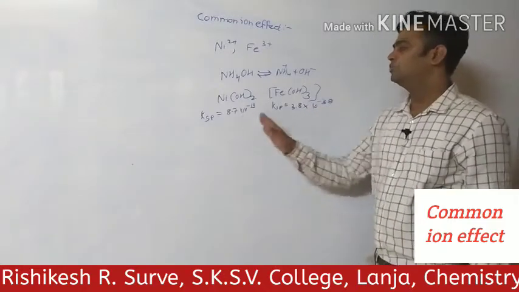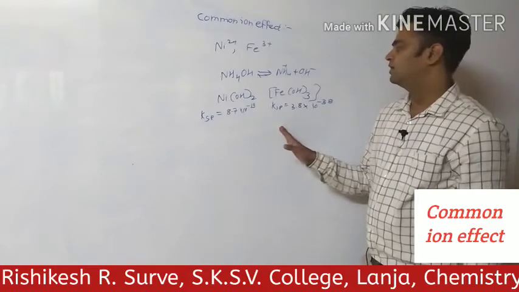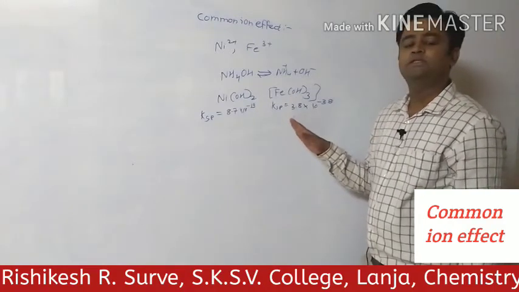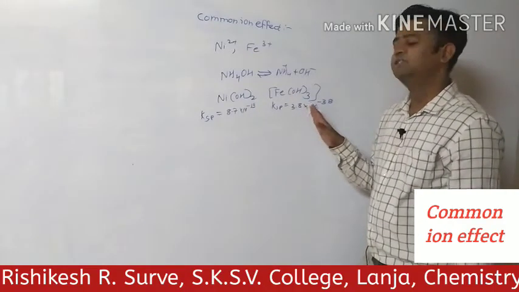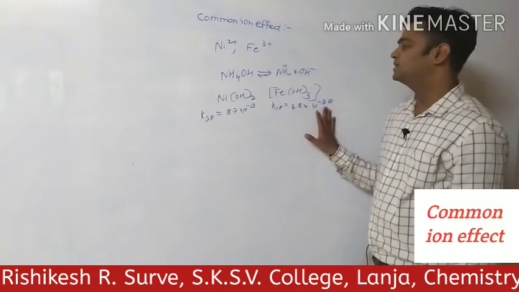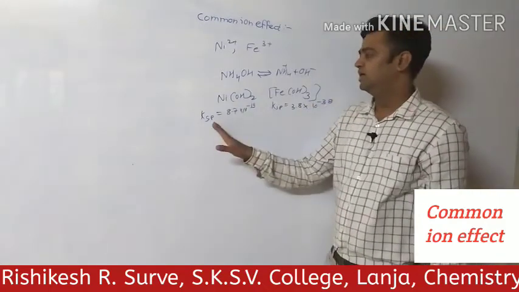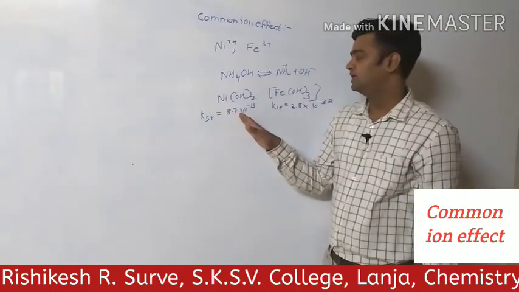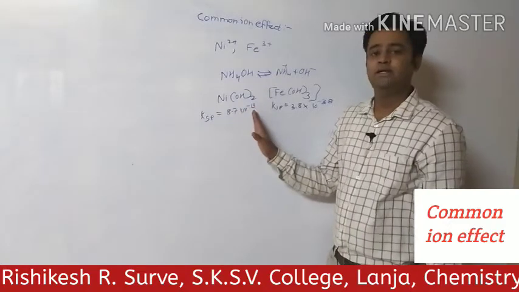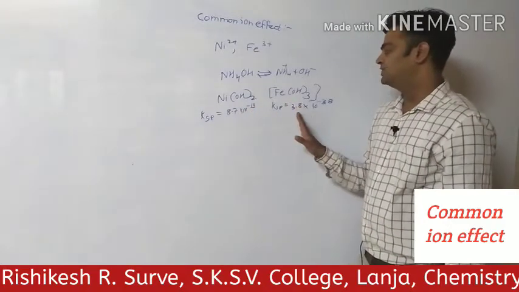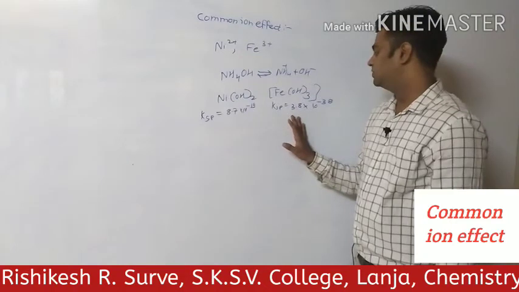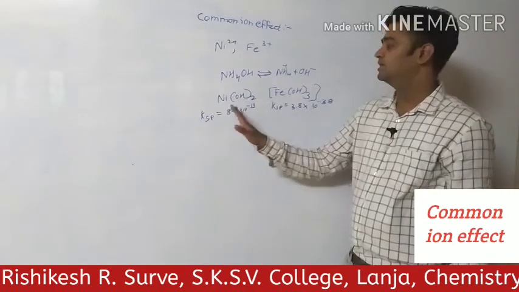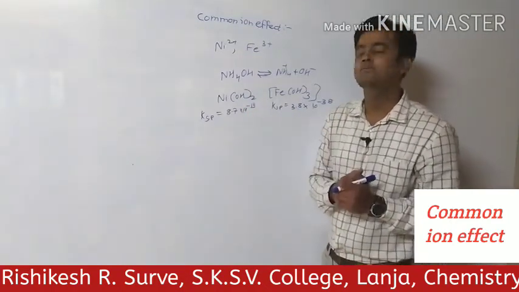If you compare these two values, then the Ksp value of Fe(OH)3 is very much less, that is 10 raised to minus 38, whereas the Ksp value of nickel hydroxide is 10 raised to minus 19. That is, this Ksp value is far lesser than that of nickel hydroxide.